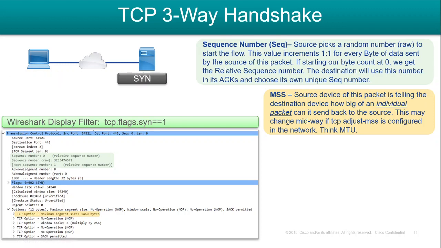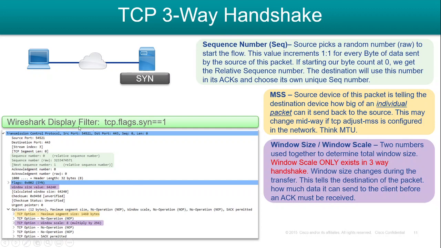Now I said here within the MSS, this is the size of an individual packet, but it does not control how many sequential packets might be sent from one side to the other. That is where the window size and window scale come into play. What's important here is that the window scale, so we could see the first value here, window size, the second value, window scale.